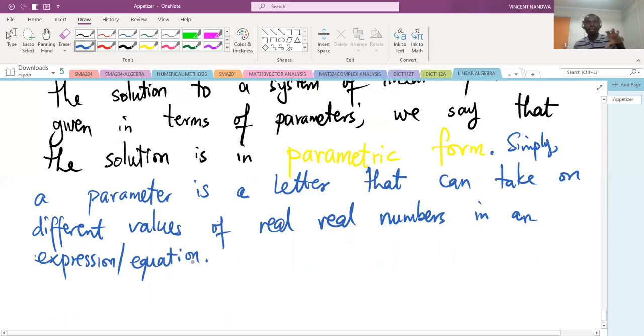So the question now will be, how do you find the parametric form of a solution to a given system of linear equations? So let's do another appetizer.